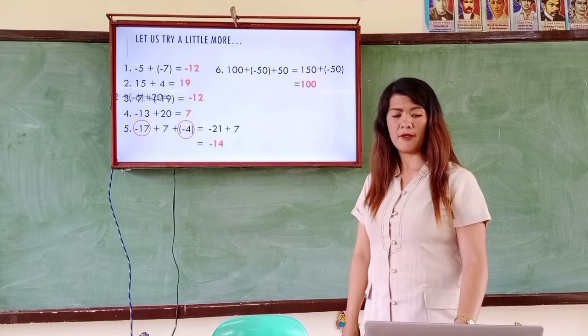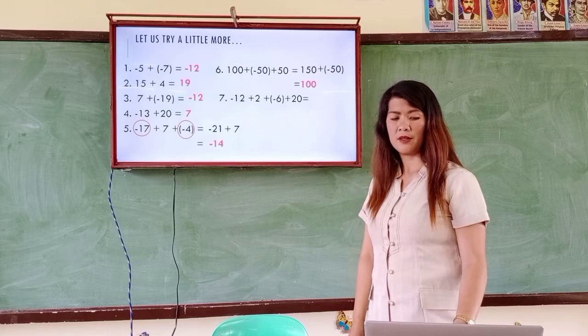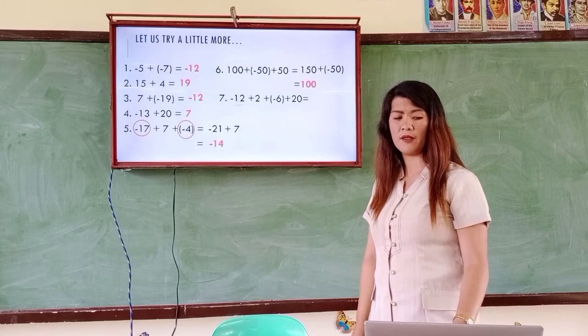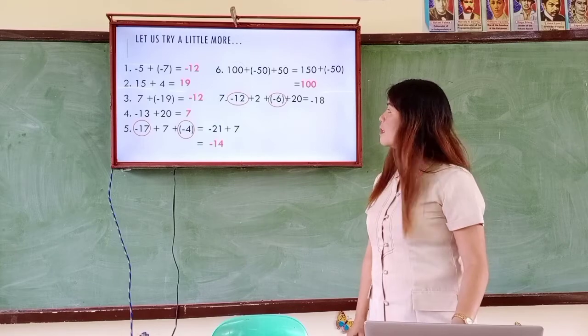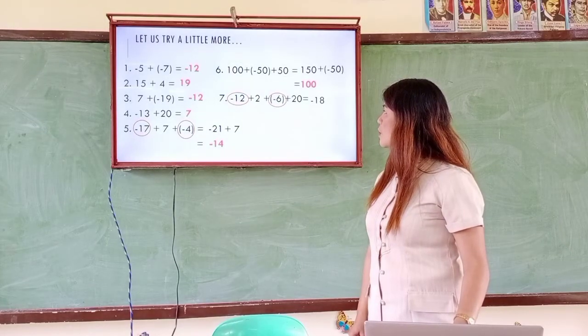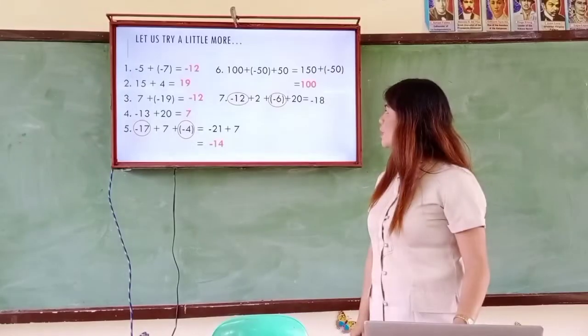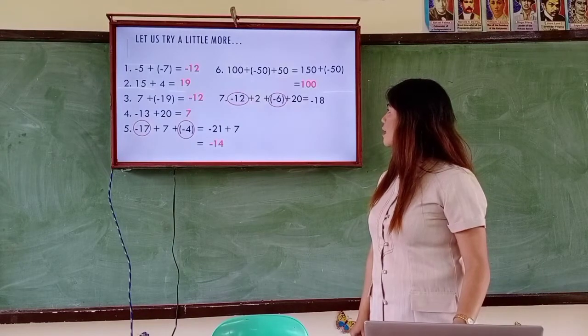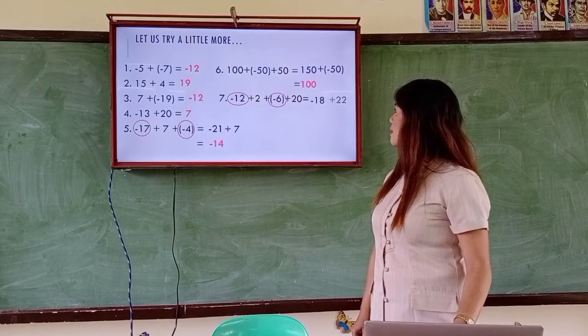Okay, for number 7, we have 4 integers. So combine negative 12 and negative 6. That is negative 18. And then combine also positive 2 and positive 20. That is positive 22.